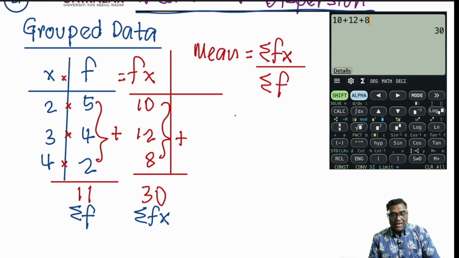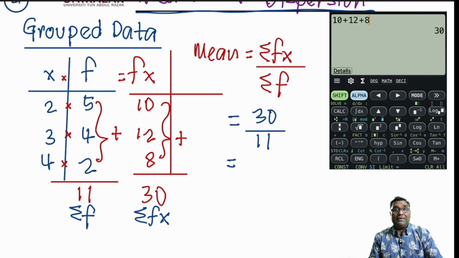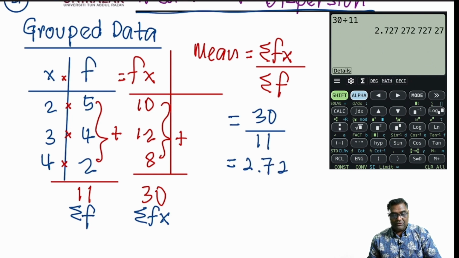So I key in, or I substitute the values in, 30 divide 11. So I take my calculator and I press 30 divide 11. It gives me 2.727 under 4 significant figures.